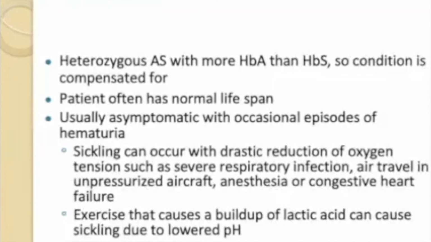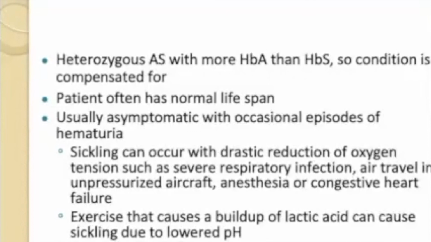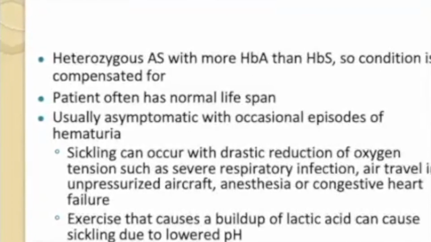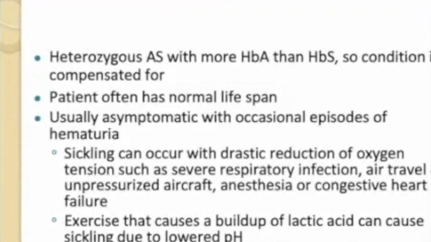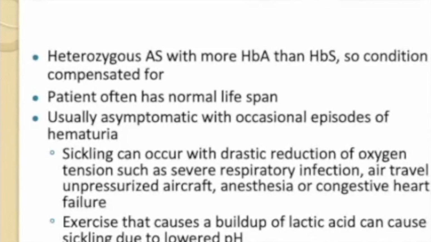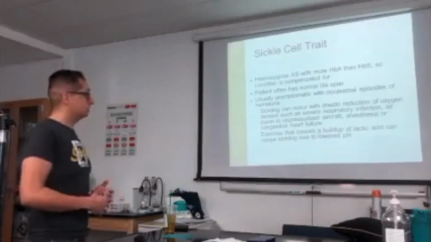Usually they're very asymptomatic with occasional episodes of hematuria, where sometimes in a crisis we might see that they have blood in their urine. Sickling can occur with drastic reduction of oxygen tension, such as severe respiratory infections, air travel with unpressurized aircraft, anesthesia, or congestive heart failure, which can also induce a really extreme crisis.